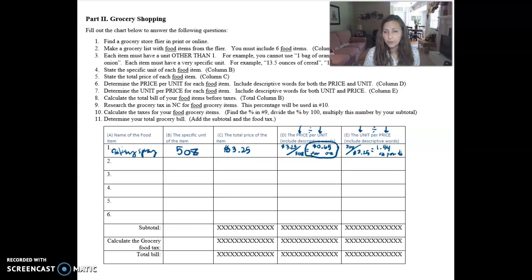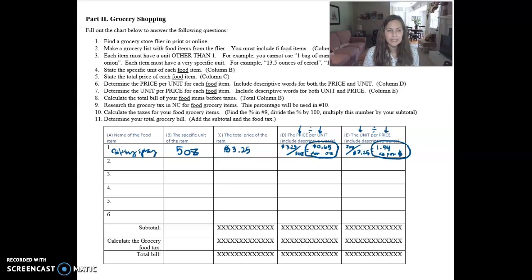This is the answer for this column, 1.54 ounces per dollar. You should round to 2 decimal places. So go to the second decimal, round up if it's 5 or more, keep it the same if it's 4 or below. Let's practice one more.